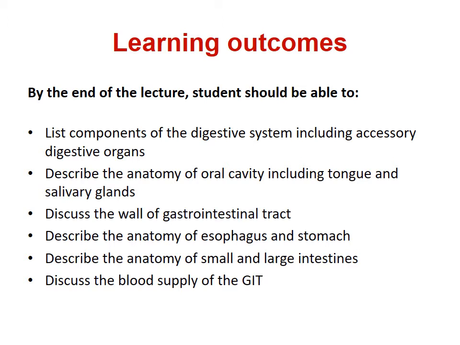Then we have to describe the anatomy of the oral cavity here in part 1, with the tongue and salivary glands and the wall of the digestive system. Then we will go one by one through different parts of the digestive system like esophagus, stomach, small intestine, large intestine, and finally we will go to the blood supply of the whole GIT, meaning gastrointestinal tract.